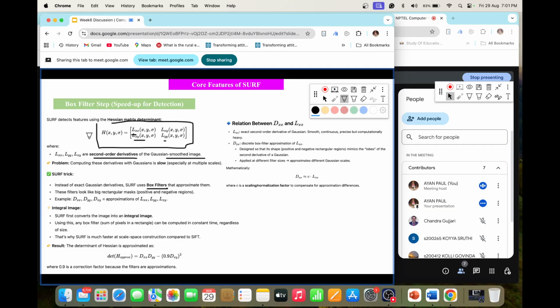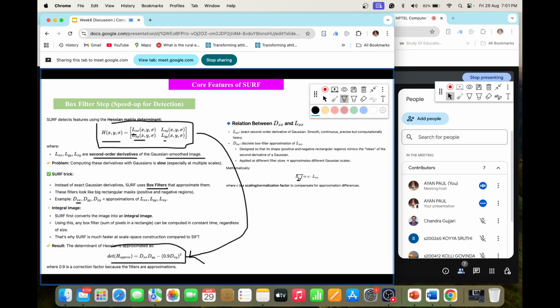But here, what the SURF operator does is approximate the process by use of a box filter. We do not calculate the exact H, the exact Hessian matrix, but we do an approximate calculation by changing Lxx to something called Dxx. That is the approximation of it.